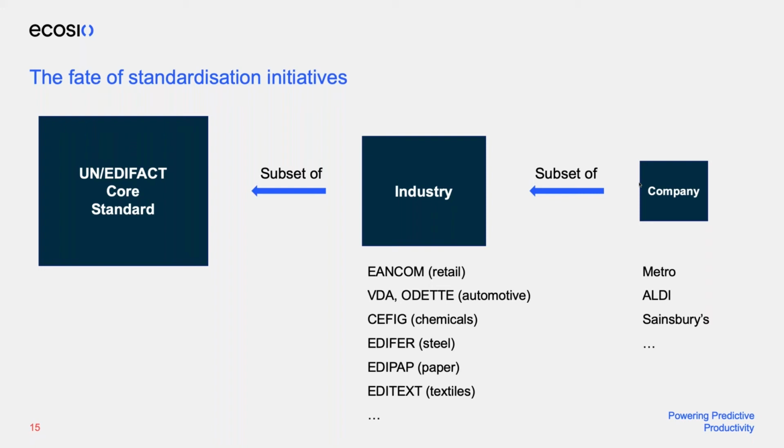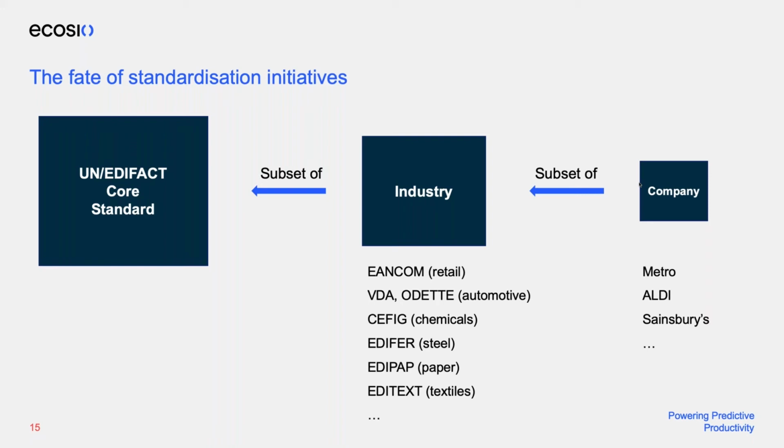Typically, nobody would use that plain vanilla standard in everyday life, but industries would define their own subsets, such as EANCOM, as we learned, or VDA in the automotive industry. The problem here is that every company itself, again, defines a subset, such as Metro, Aldi, Sainsbury's, BMW, Daimler, and Jaguar Land Rover, and the like. So again, we do have a heterogeneity and a non-compatibility among these company-specific standards.